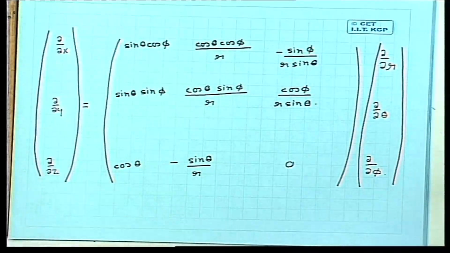Okay, so this is the relation between the Cartesian derivatives and the derivatives in the polar coordinate system. So, this is all that we need now to proceed. Let us use this to calculate Lz in the spherical polar coordinate system.